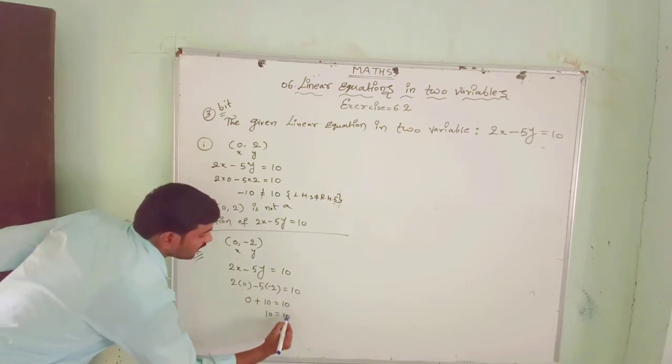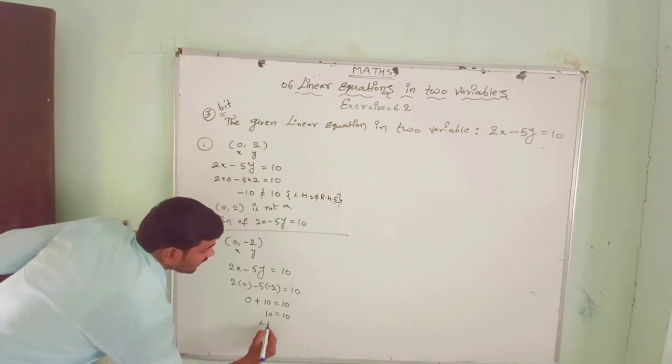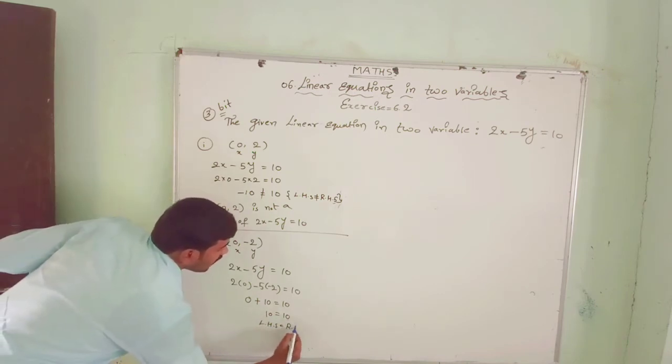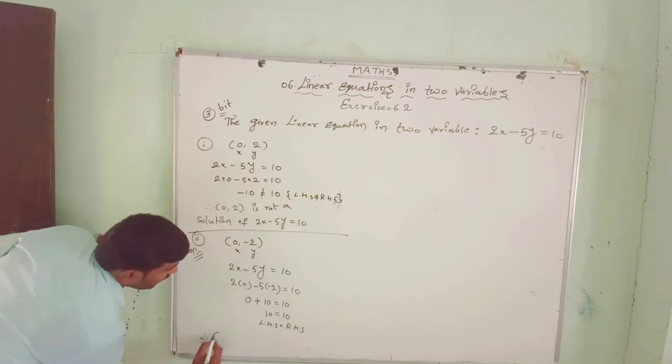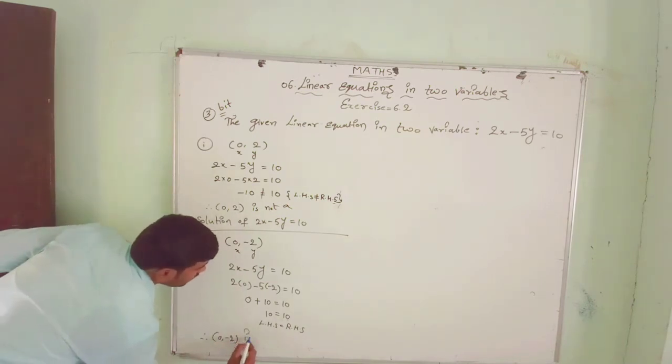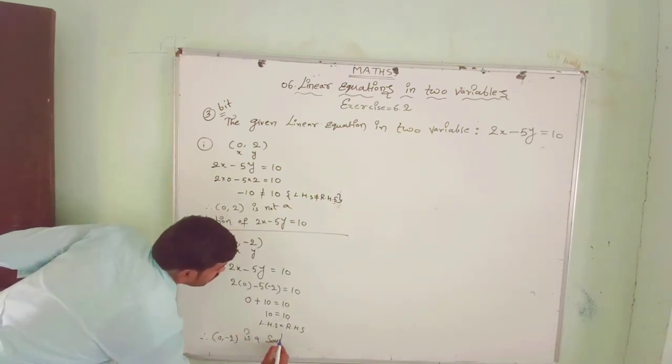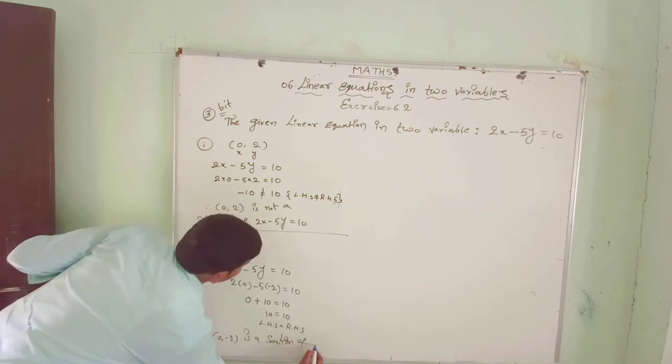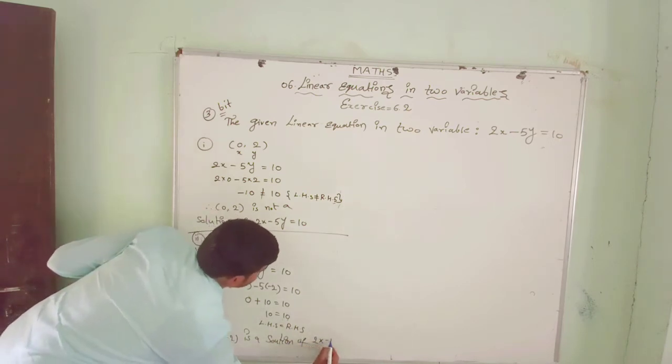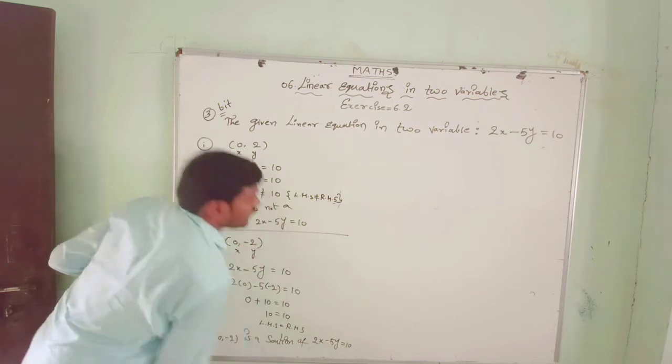Here 10 equals 10. That means LHS is equal to RHS, and therefore (0, minus 2) is a solution of 2x minus 5y equal to 10.